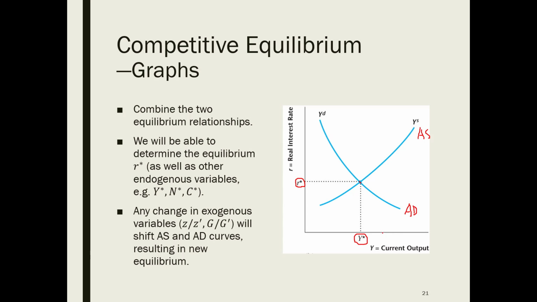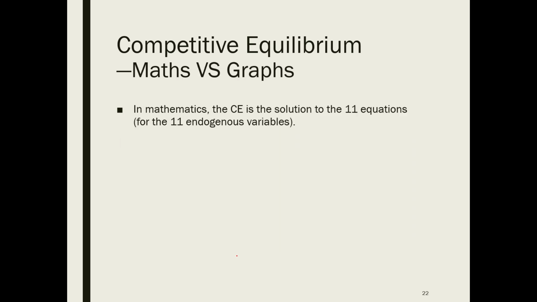If there is a change in an exogenous variable such as productivity Z and government expenditure G, we can then apply the three-step approach to graphically analyze the effect on the curves and the new equilibrium. To deepen your understanding of the relationship between maths and graphs, I will once again repeat how the equilibrium is solved in both ways.